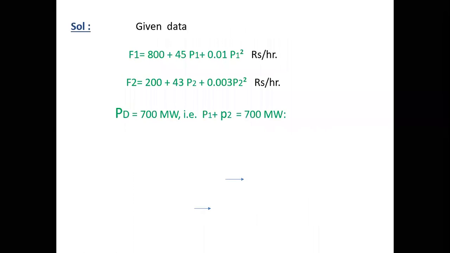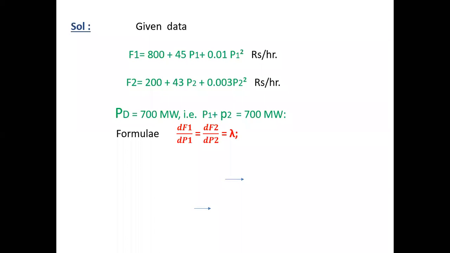First, write down the given data, that is F1, F2 and PD. PD equals 700 megawatts. So we can write PD as P1 plus P2 equals 700 megawatts. Then find out P1 and P2. How can you find P1 and P2? You are very familiar with the simple formula, that is dF1 by dP1 equals dF2 by dP2 equals lambda.